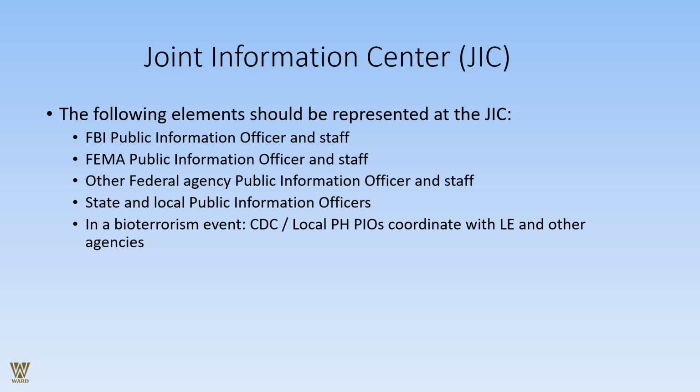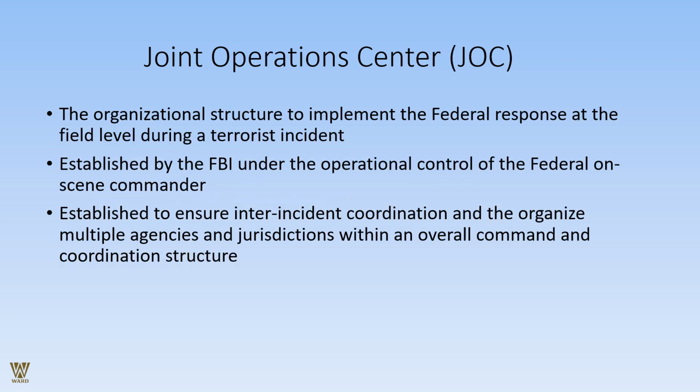If we want to go about it, what needs to be done? Public information, other federal agencies, public information officers, and other federal agencies might include the medical officer. Let's say we just had coronavirus, the pandemic, where the medical emergencies become the focal point. State and local public information officers: in bioterrorism, everybody needs to coordinate with one another.